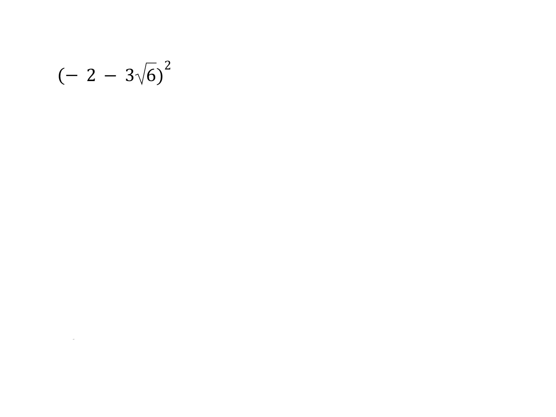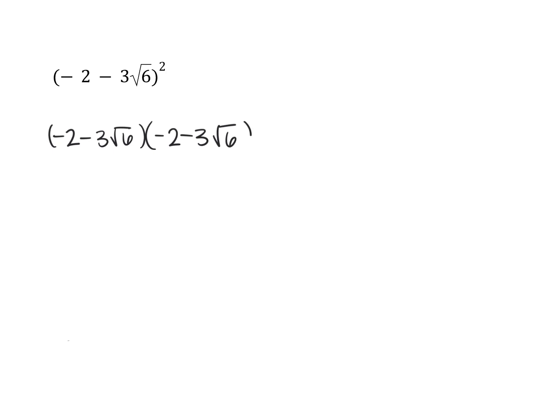Next we have negative 2 minus 3 square root 6, squared. So similar to when we had polynomial multiplication like this, I can't just distribute the square into my parentheses. I have to expand it. So I have to write this as negative 2 minus 3 square root 6 times negative 2 minus 3 square root 6. And then I'm going to go ahead and use my distributive property like we did in our previous example.